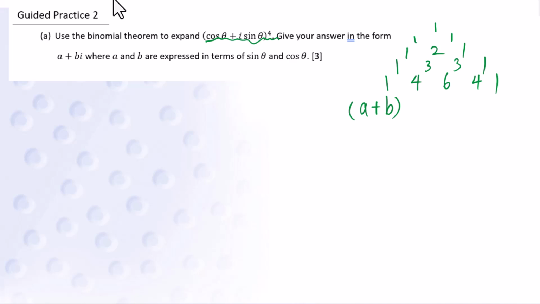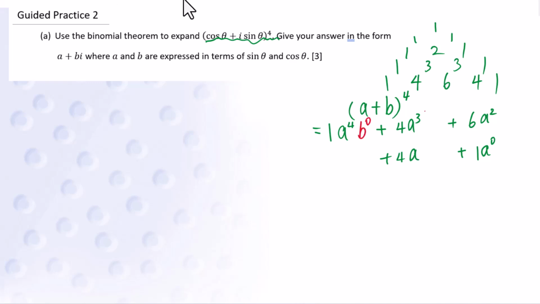So (a plus b) to the fourth power equals 1, 4, 6, 4, 1, with a to the fourth power, a cubed, a squared, a to the 0 power, and b to the 0 power, b, b squared, b cubed, b to the fourth power.